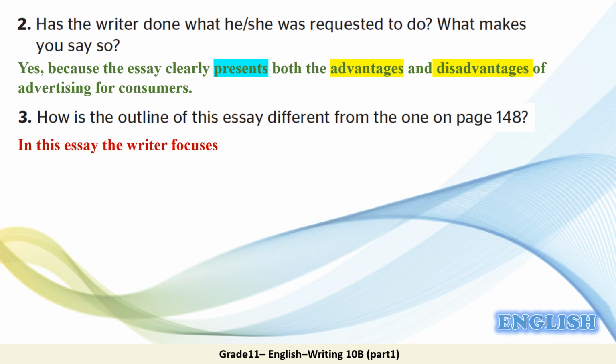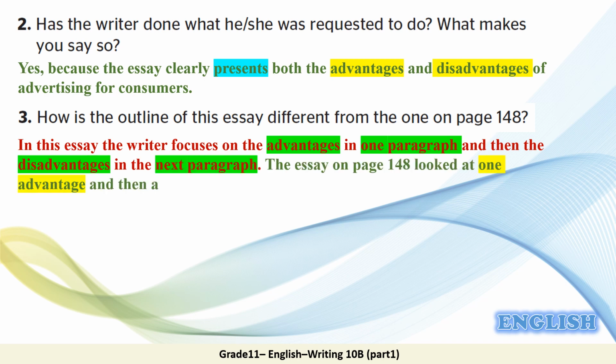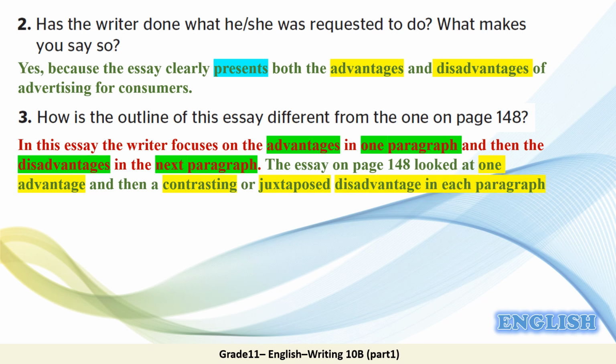In this essay, the writer focuses on the advantages in one paragraph, then the disadvantages in the next paragraph, while in the essay on page 148, the writer presents one advantage and then a disadvantage, juxtaposing a disadvantage in each paragraph. So this is like a chain.